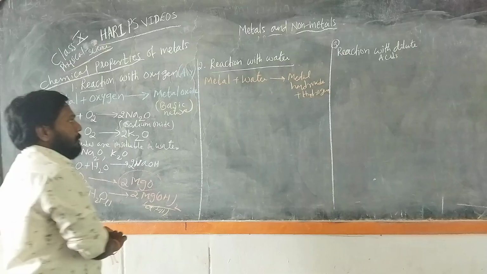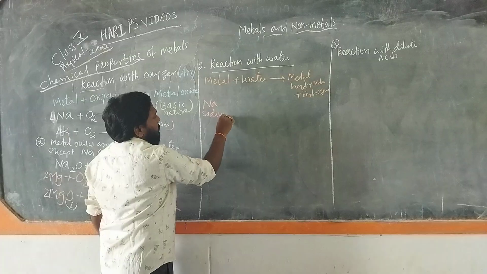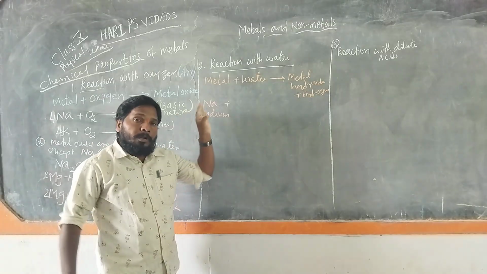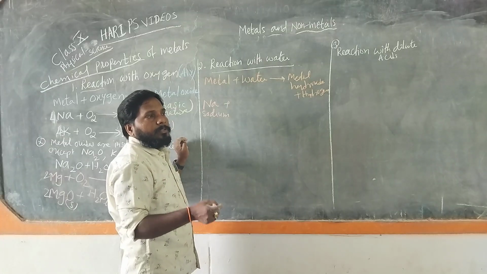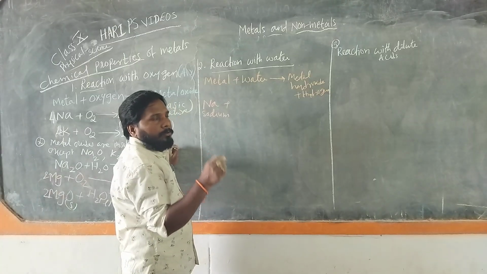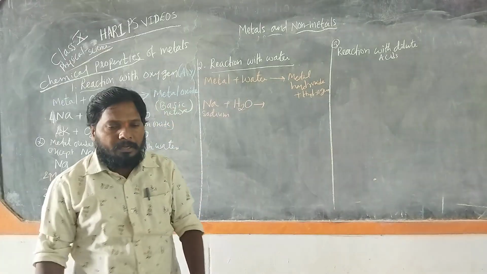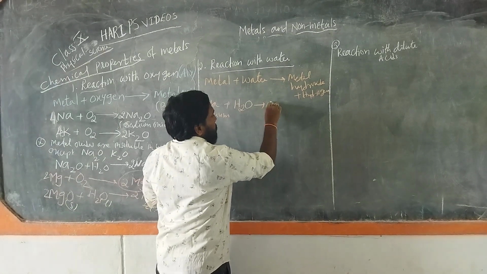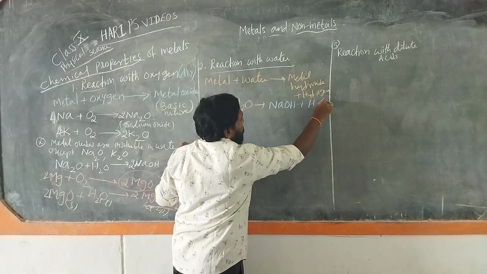For example, sodium is a highly reactive metal, as we discussed earlier, and it is stored in kerosene. When you take a small piece of sodium and drop it into water, it reacts with the water and gives us sodium hydroxide and hydrogen gas.